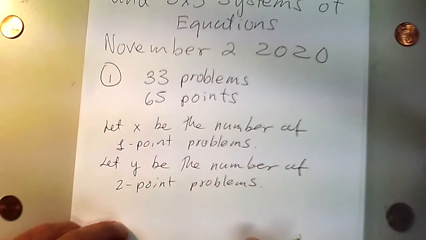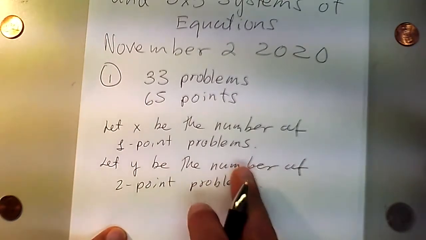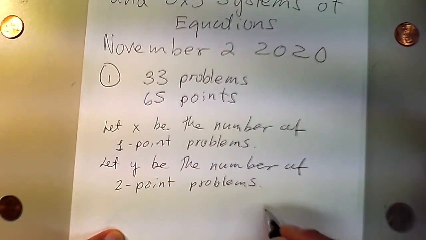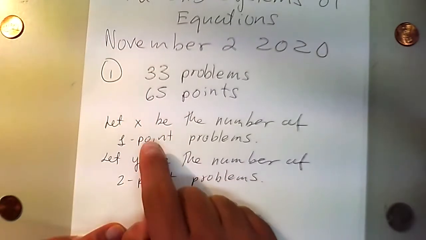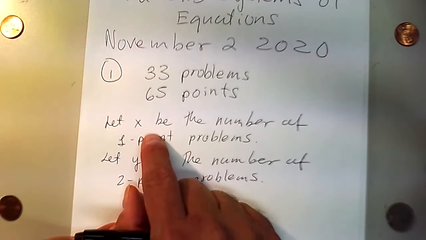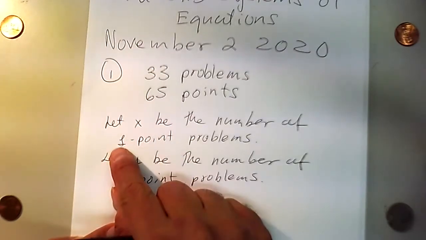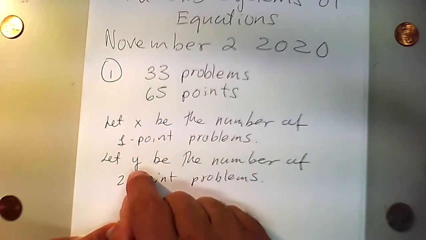I want to figure out how many problems should be 2 points and how many should be 1 point. The first thing we do is assign variables to the quantities that we are looking for. So x is the number of 1 point problems, while y is the number of 2 point problems.